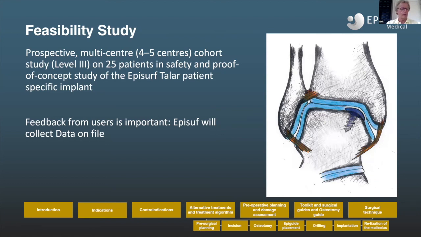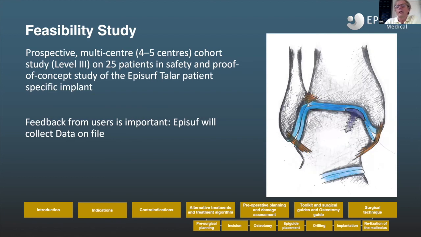And if you use it, it would be great if you could fill in forms, because the feedback is important with a new implant. It is important to know the fate of these implants. But in summary, this is basically how it works.